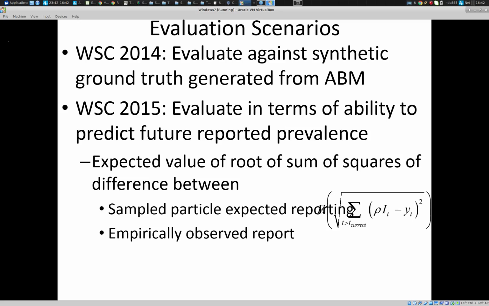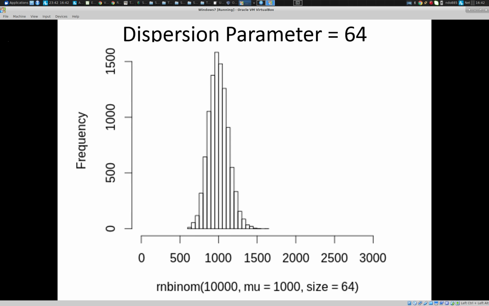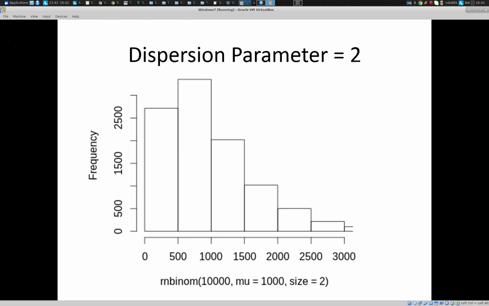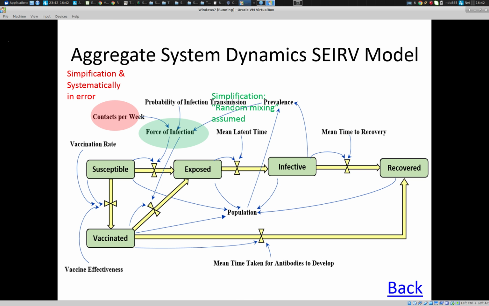The first approach we used was actually a ground truth approach, where we took a model like this one, an aggregate model with simple assumptions about random mixing and simple contact rates, and we tested it with particle filtering.